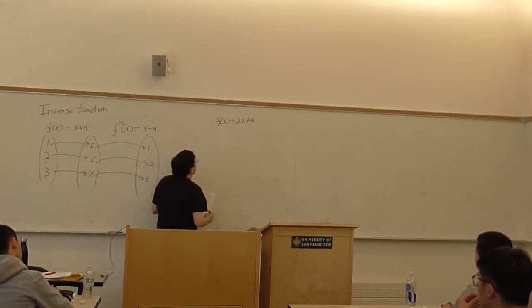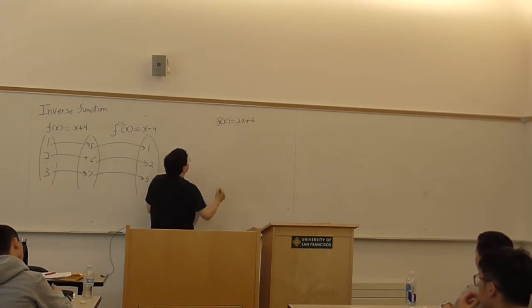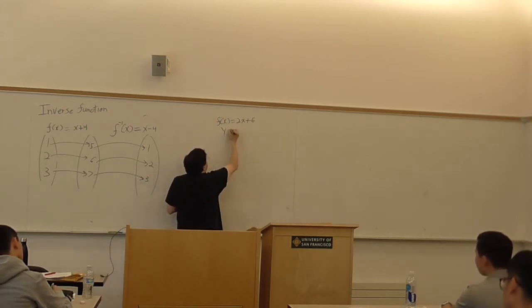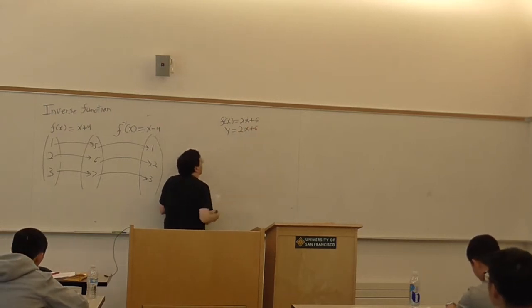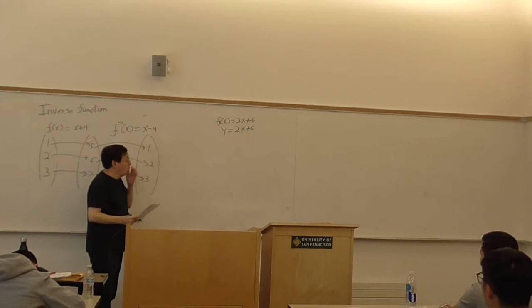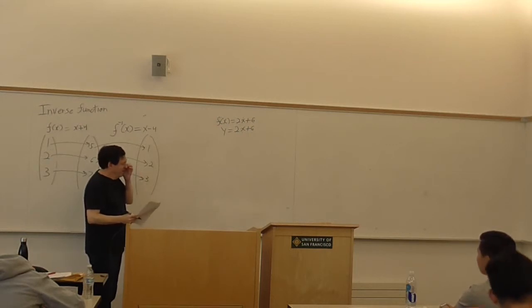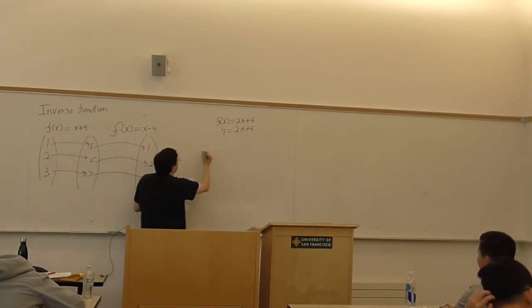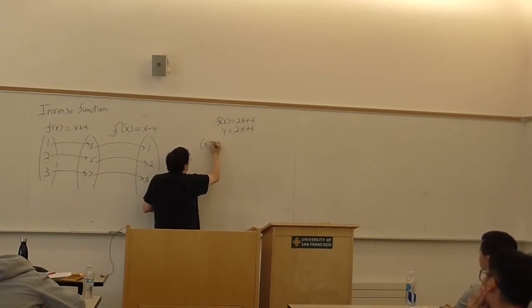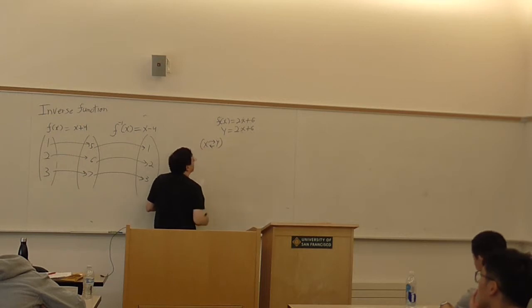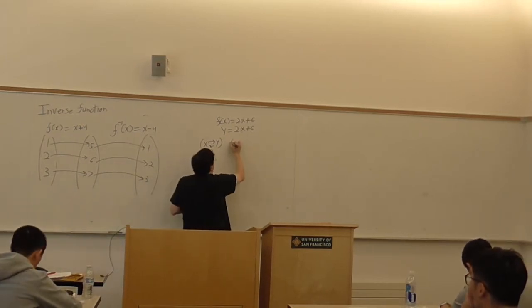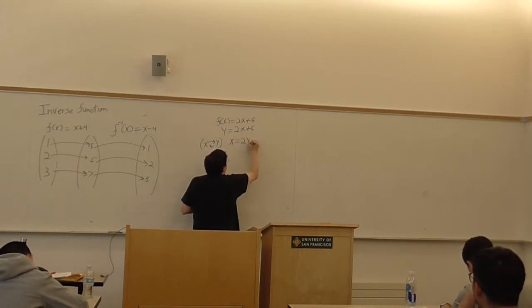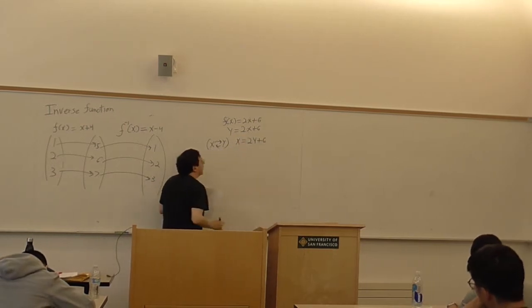First thing is, let's write this as y equals 2x plus 6, where y is the dependent variable, and of course x is the independent variable. Step 1. Now, what I want you to do is switch the x and y variables. So now I have x equals 2y plus 6.